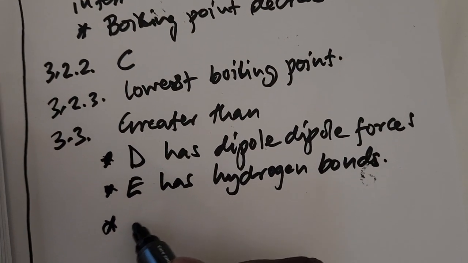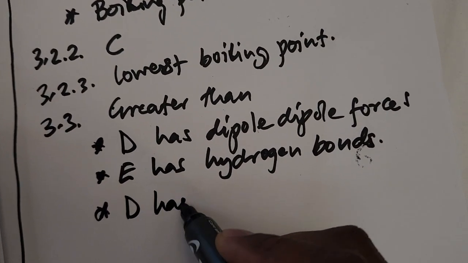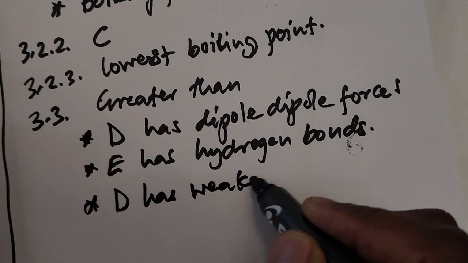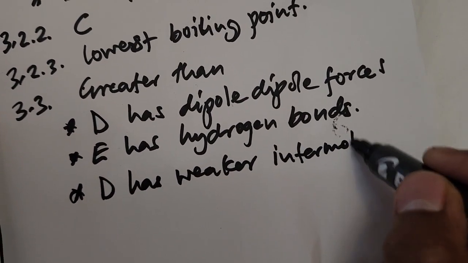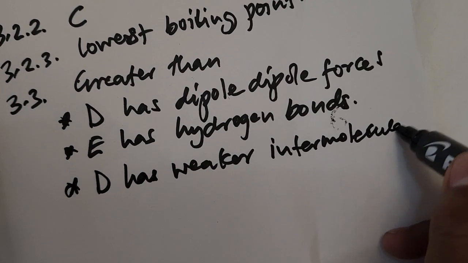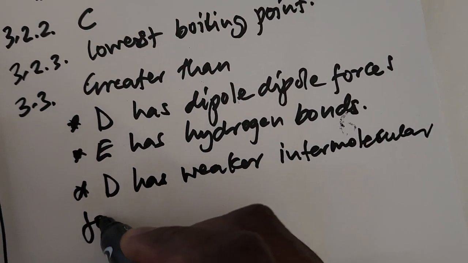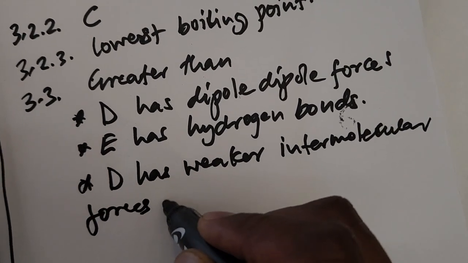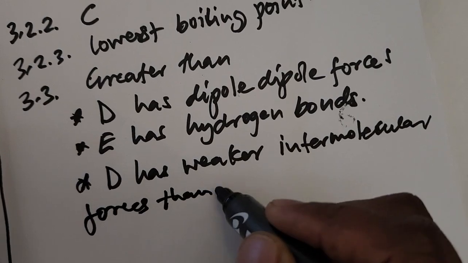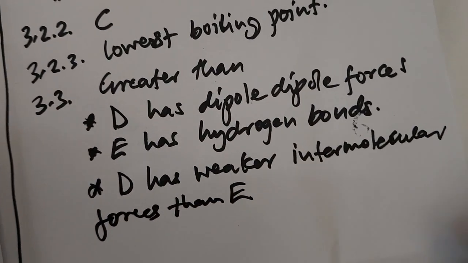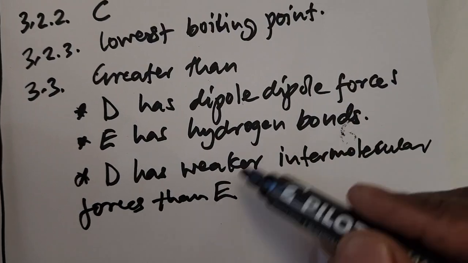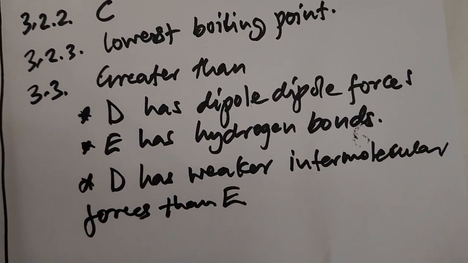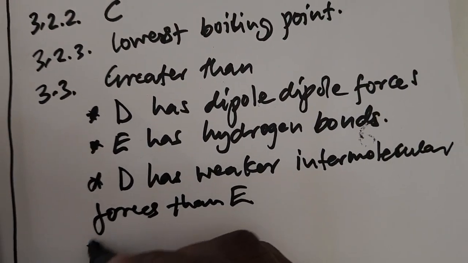You can start with D. D has weaker intermolecular forces than E. Or someone can just say London dipole forces are weaker than hydrogen bonds. That one also would be acceptable.